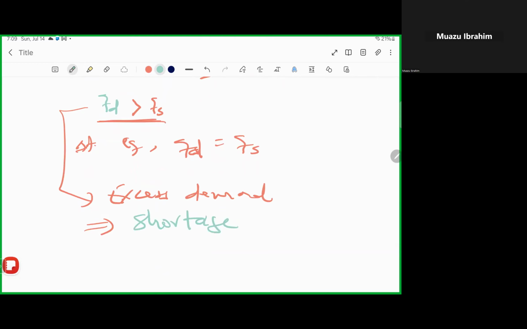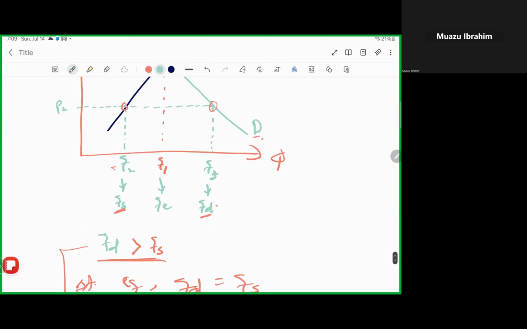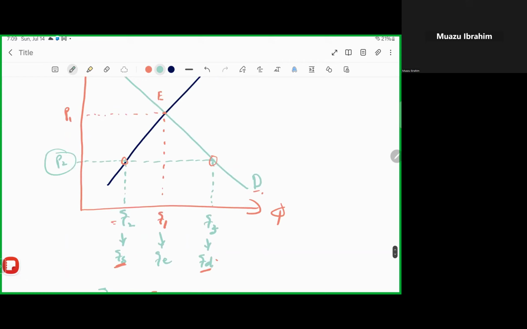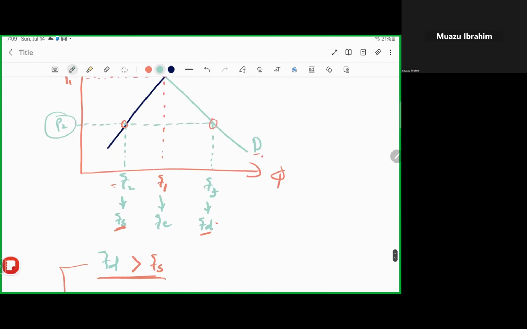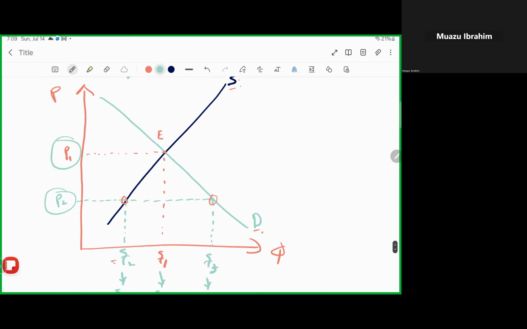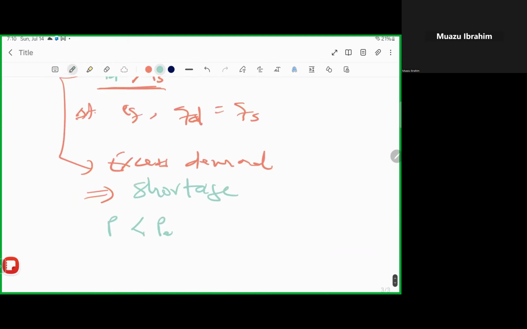Why is there a shortage in the market? Because price, as we can see, P2, is less than the equilibrium price.